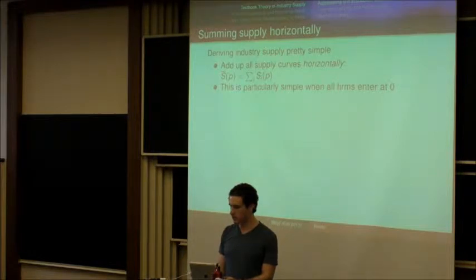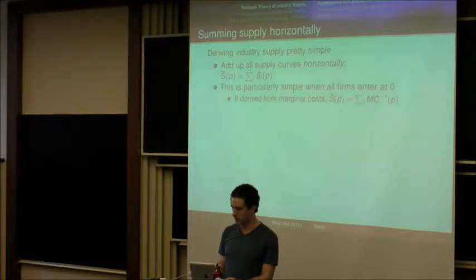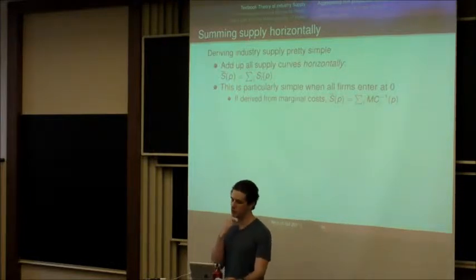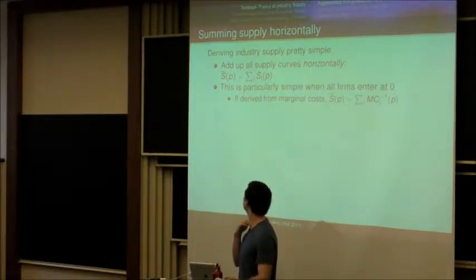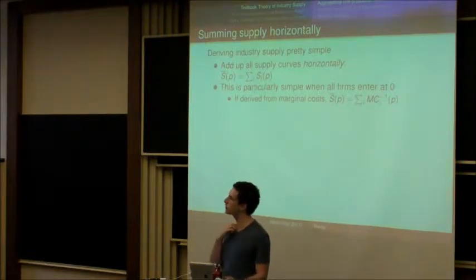This is particularly simple when all firms enter the market at a price of 0. That is, the minimum price at which all firms are willing to produce is 0. But in that case, the industry supply is just the sum of the inverse of the marginal cost curves.